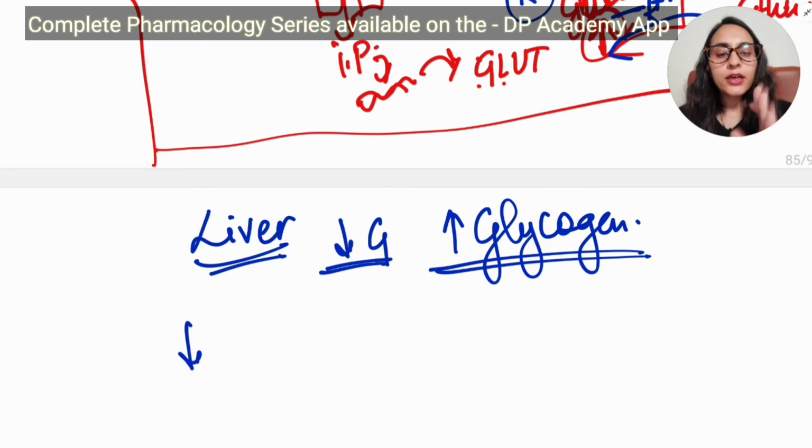Also the breakdown of glycogen is reduced, because glycogen breaks down to form glucose, and the function of insulin is to decrease the glucose. So there is less breakdown of glycogen and more synthesis of glycogen. So an increase in glycogen synthesis, a decrease in glycogen breakdown, that is glycogenolysis, and also a decrease in glucose synthesis.